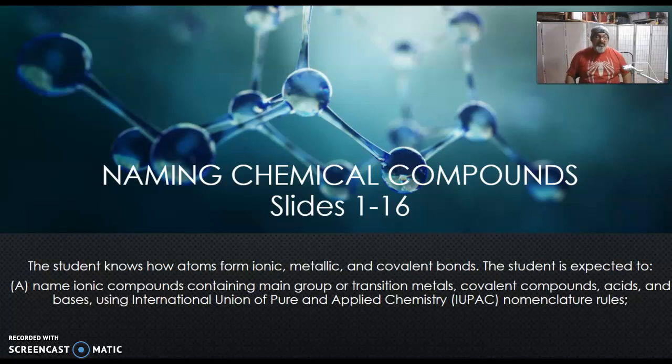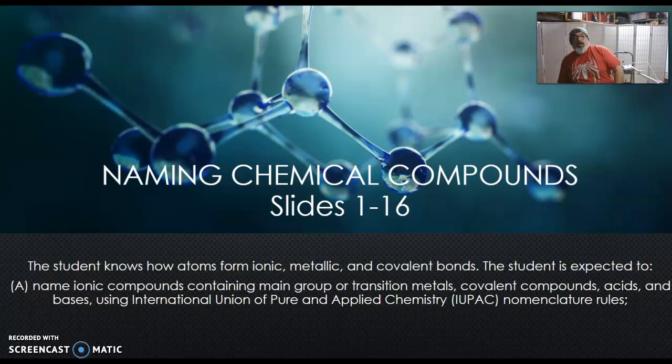You, as the student, are going to know how atoms form ionic, metallic, and covalent bonds, mainly ionic and covalent. I'll talk about metallic a little bit because it's in there, but mainly for naming and writing formulas, it's going to be the two main types, which is ionic and covalent.